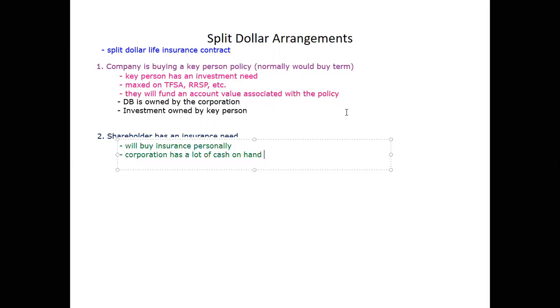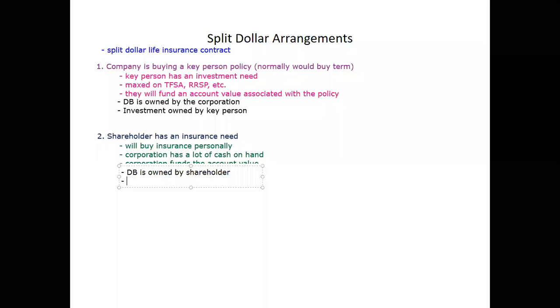You probably don't see this with just one shareholder. So the corporation has a boatload of cash on hand, and so the corporation funds the account value, and now you have just the opposite of what I illustrated above, where the death benefit is owned by the shareholder and the investment is owned by the corporation.